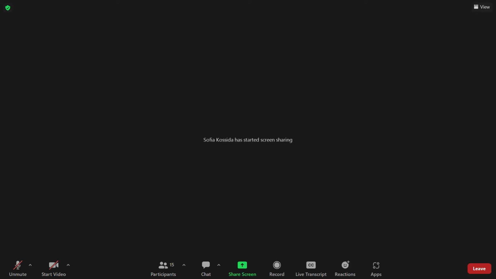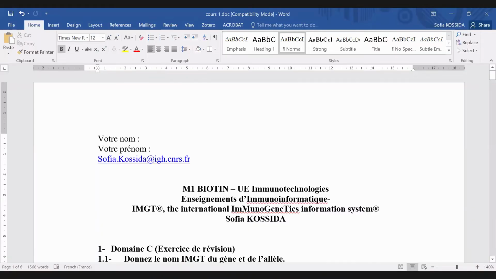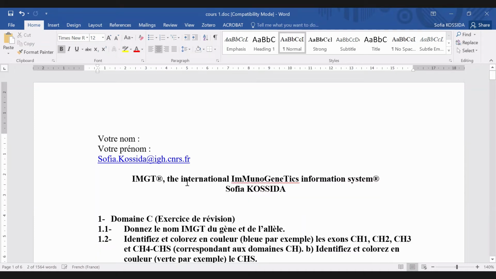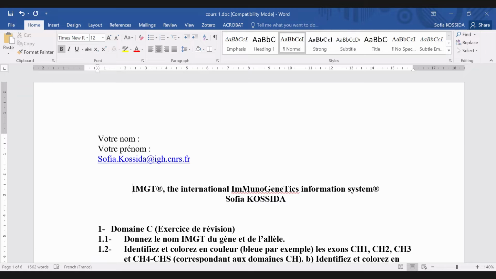I just took away the date. So this is the file that you should all have received. Your name, your first name, you're not M1, you don't need this. Right. I would leave it as simple as that.